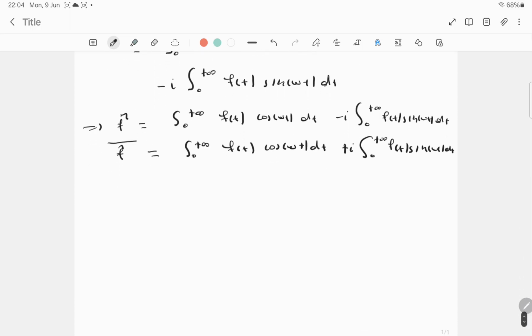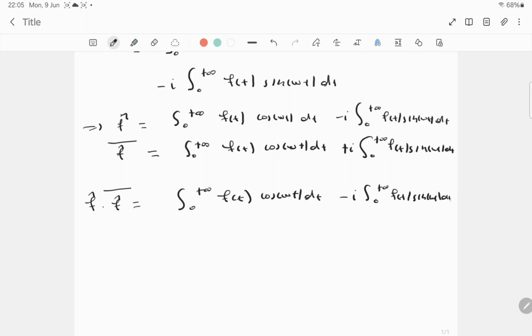Now let's take the product between the two, f hat times f hat conjugate. So it is this quantity here times that quantity here at the bottom.